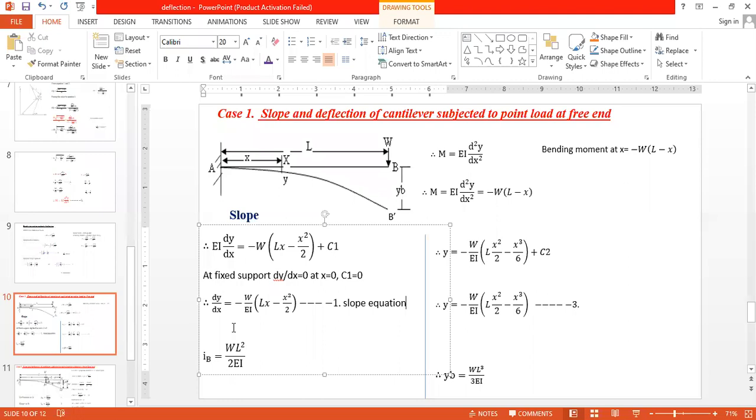Now the value of the slope of this deflected curve varies with this relation.